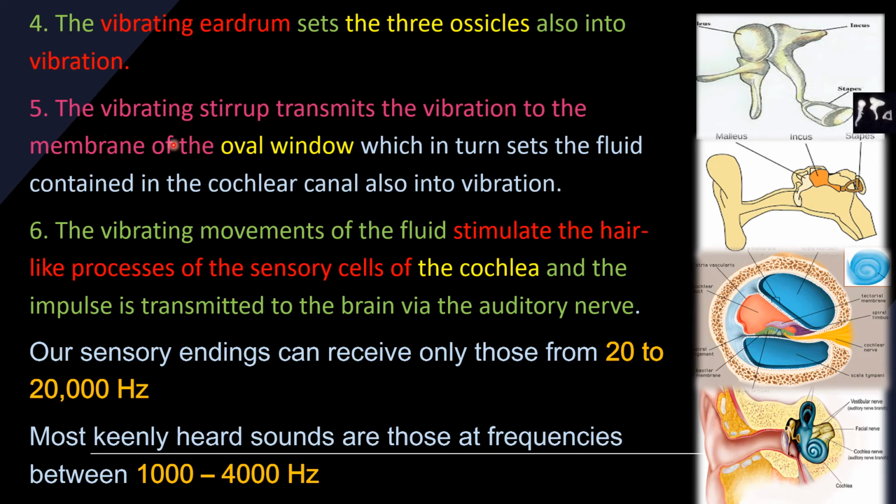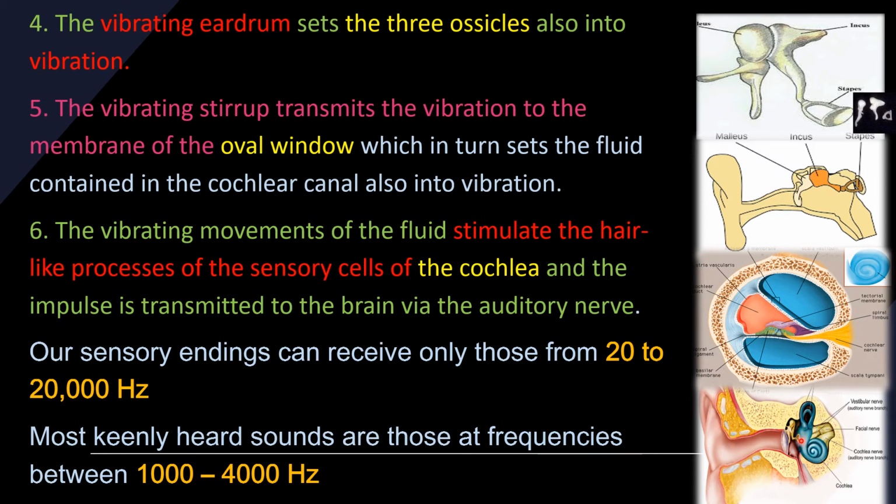Then from the eardrum, the vibration passes into the malleus, then into the incus, then finally it will reach the stirrup. Then from the stirrup, the vibration transmits to the membrane of the oval window. Here you can see where the stirrup is attached to the oval window.